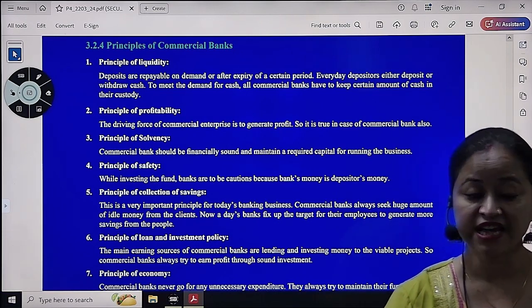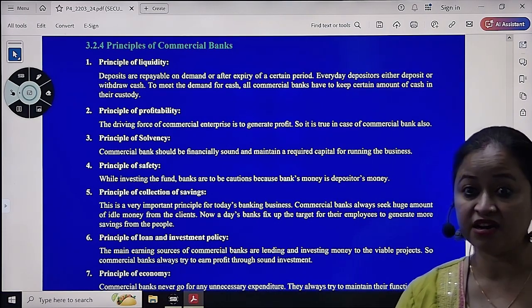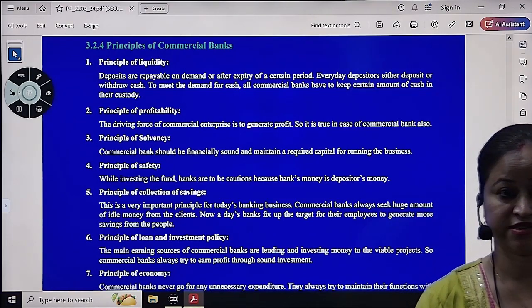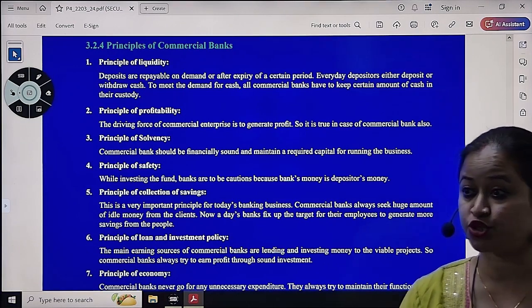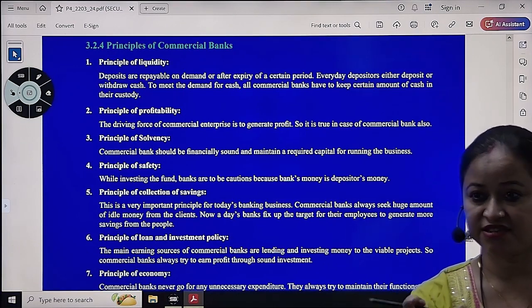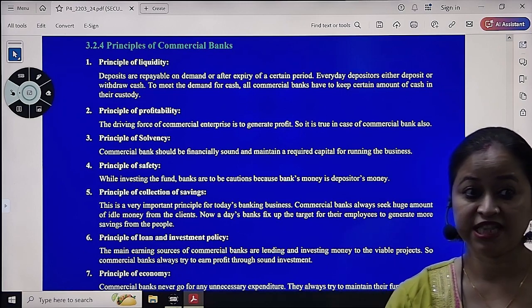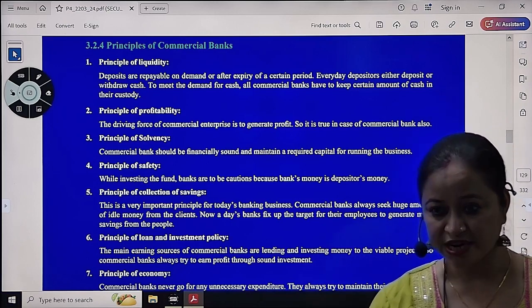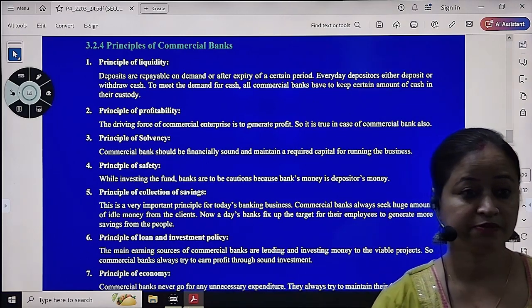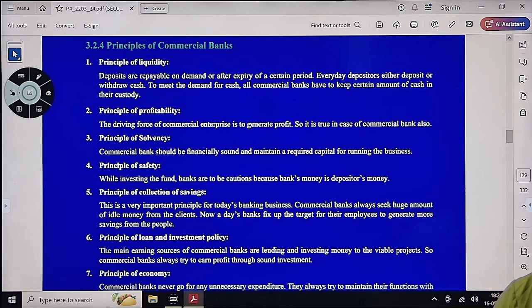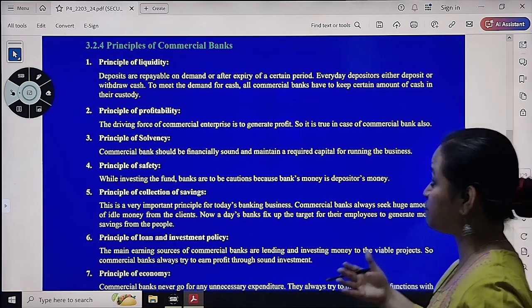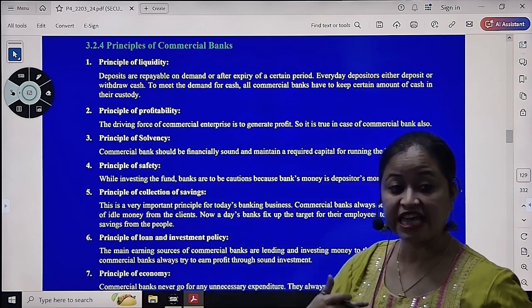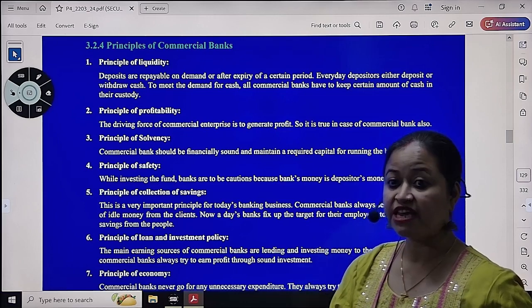But when they advance a loan, they charge a minimum of 10 to 11%, even 12%, 13%. So they give customers 3%, but charge 13% to those taking loans. That 10% is their profit. So the principle of profitability is that all commercial banks are doing business and ensure making profit.